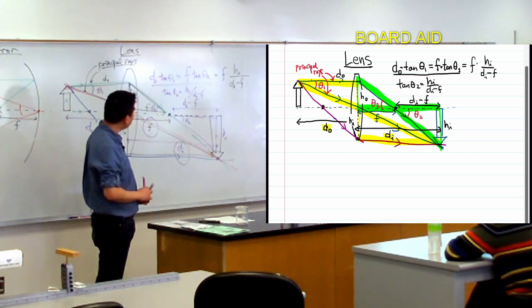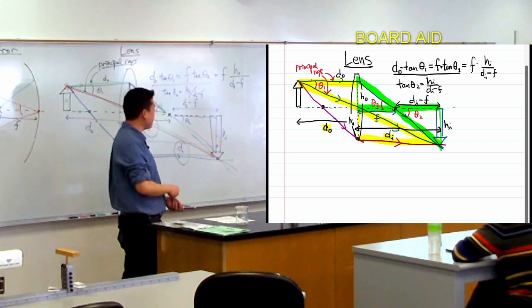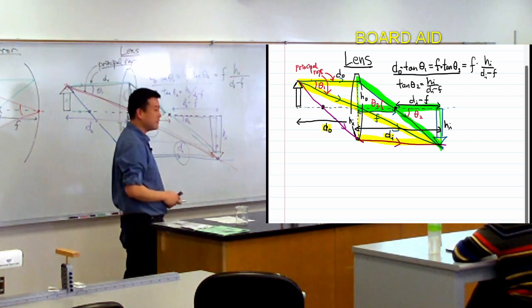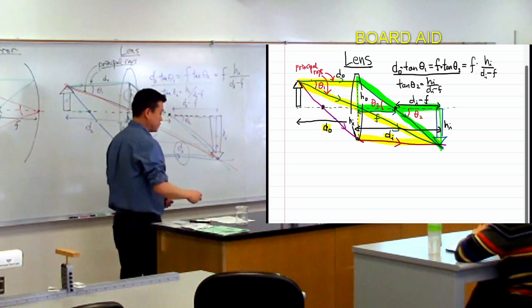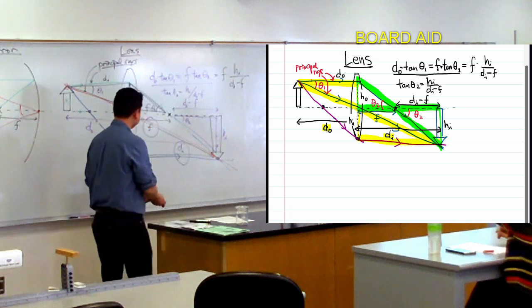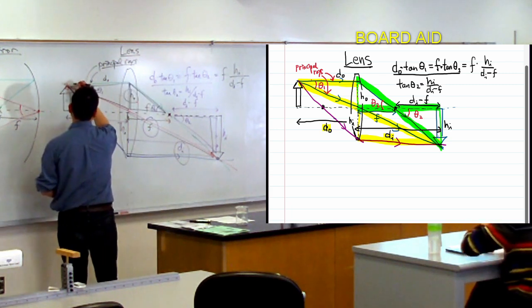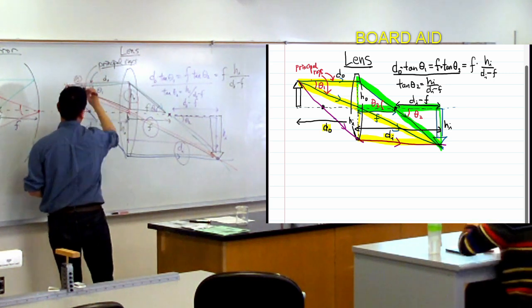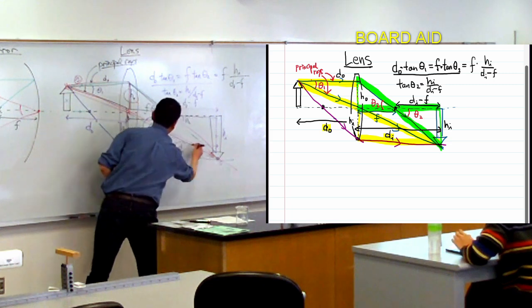Can I write down one more equation that doesn't introduce any more unknowns? Maybe has only HI in it, maybe has only tan theta 1 in it. From two similar triangles. Which similar triangles? Yeah, so this is similar triangle 1. What's the other one? On the bottom. Yeah, it's this other triangle here. They are similar triangles.